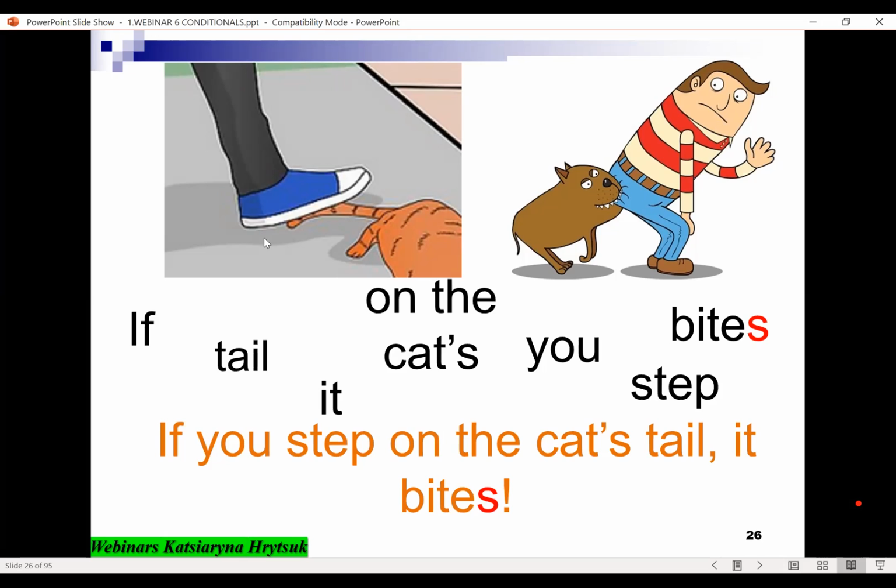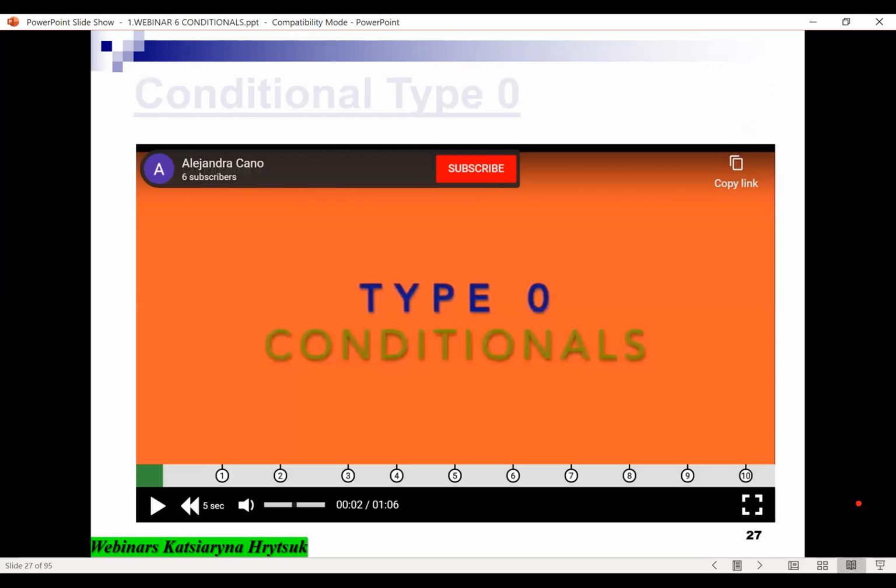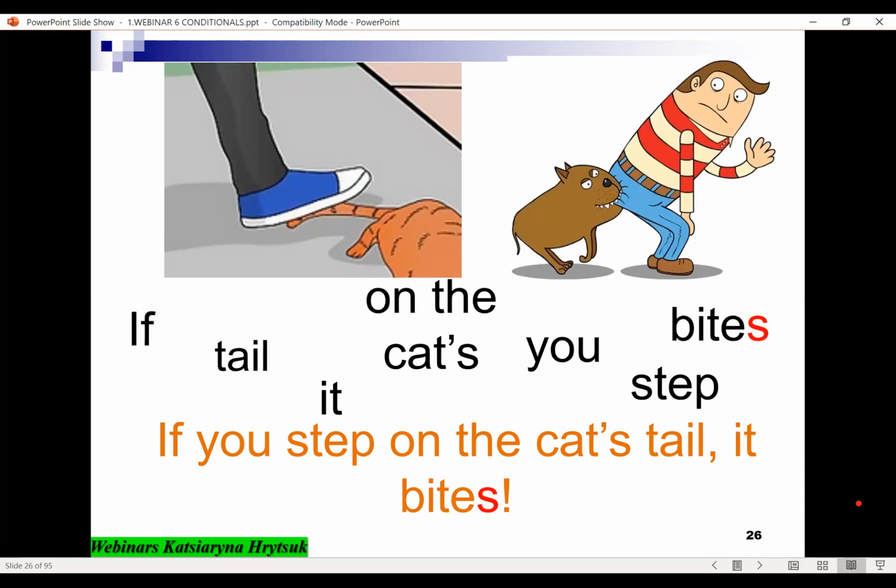So if you step on the dog's tail, it will be the same. So it bites, and this is the action of bite. Okay, nice reaction. So these are the examples of our conditional zero.